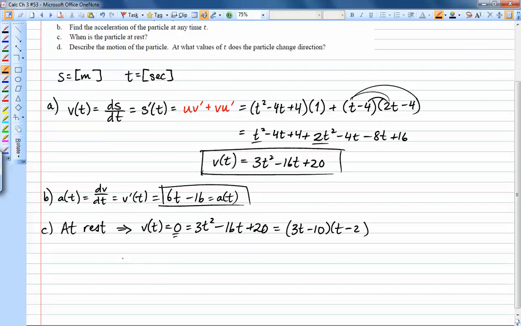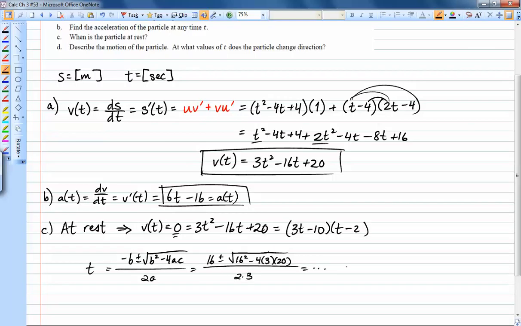So that would work. But if you didn't know how to do it, since it equals 0, we can set up the quadratic formula. Negative b plus or minus the square root of b squared minus 4ac, all over 2a, equals t. So that would be positive 16 plus or minus the square root of 16 squared minus 4 times 3 times 20, all over 2 times 3.